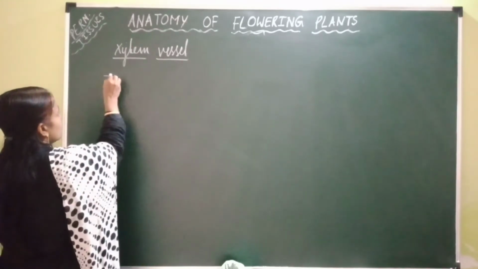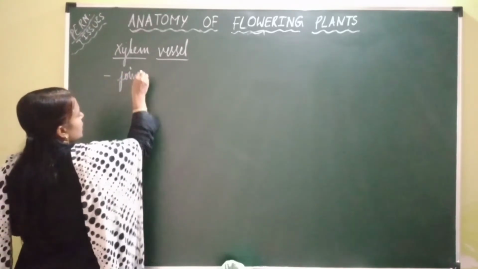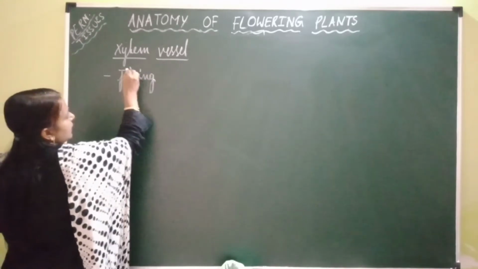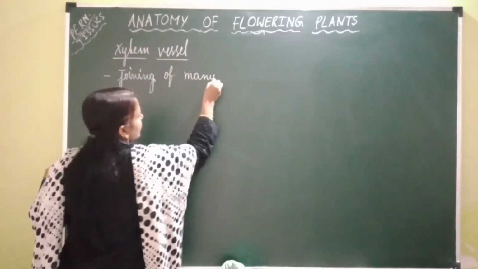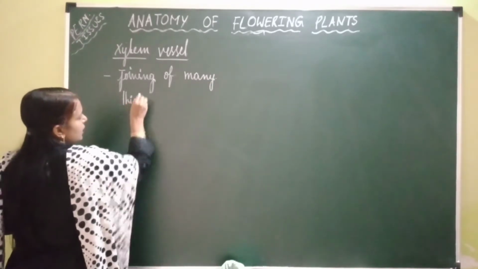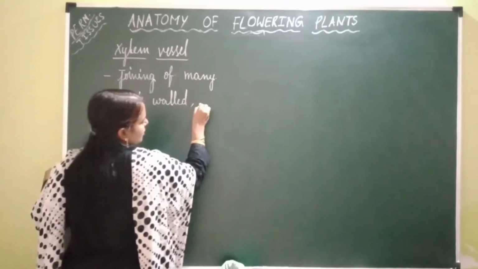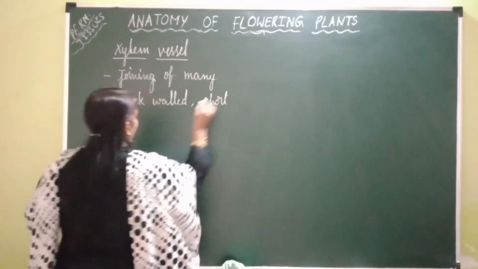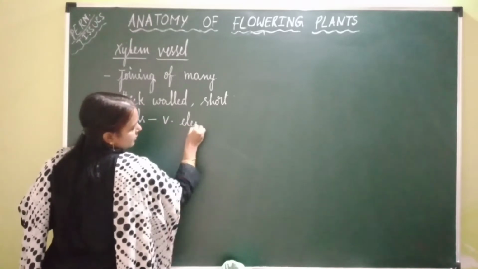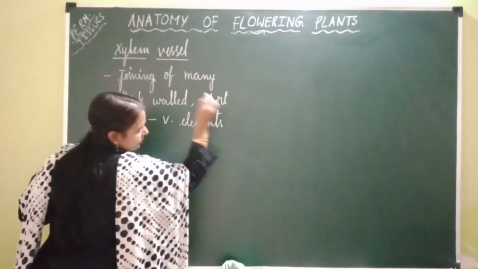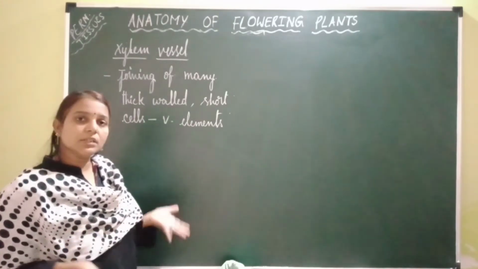It is formed by the joining or union of many thick-walled, short cells called vessel elements. Okay, what is the function of this vessel? The function of this vessel is to conduct water.